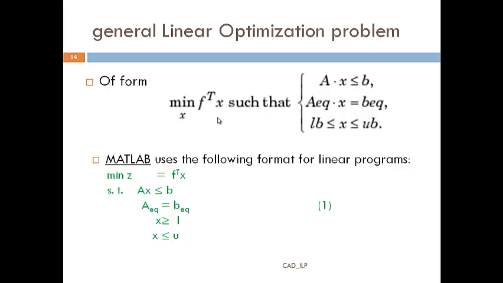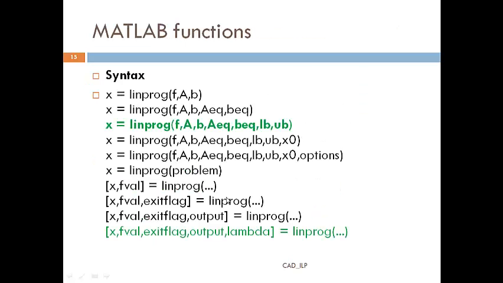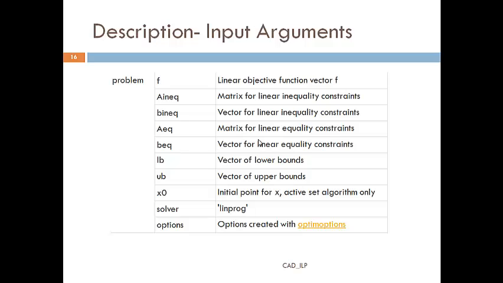That is, Matlab uses the following format for linear programming, and you can see this linprog function will get the input from the user according to the constraints and the decision variables and their values and trivial constraints, etc., which can be given as an input to this function, so that the optimum value can be found by the Matlab function.